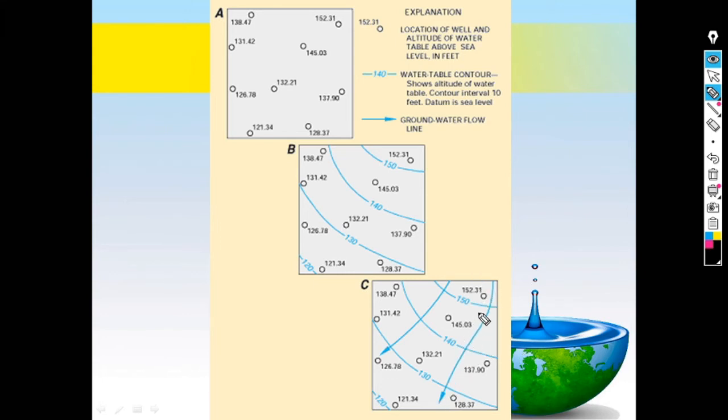As I said, it will always flow under the gravitational head. So it is 150, this is 140, this is 130. That's why it is flowing from higher elevation to lower elevation. Water is flowing from this direction to this direction.